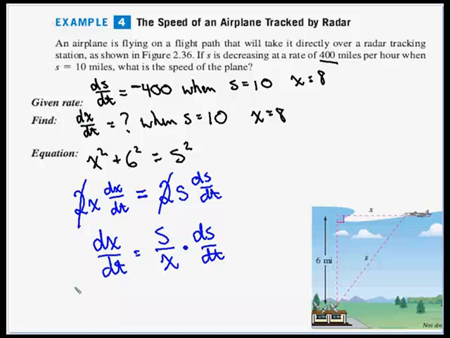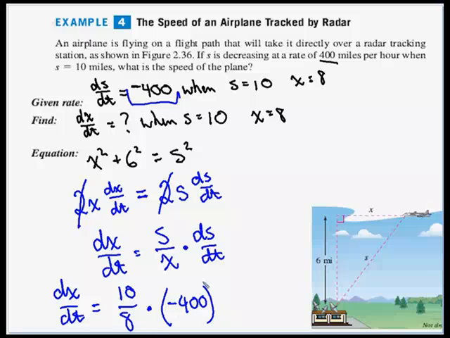We're trying to find dx/dt, and that's equal to, s we know is 10, and x is equal to 8. So s over x becomes 10/8 times ds/dt, which was given as negative 400. If you multiply that all out, you're going to get negative 500 miles per hour.